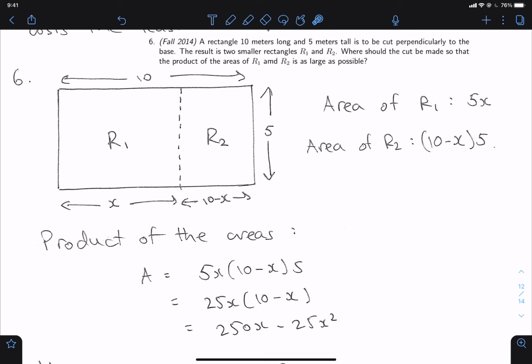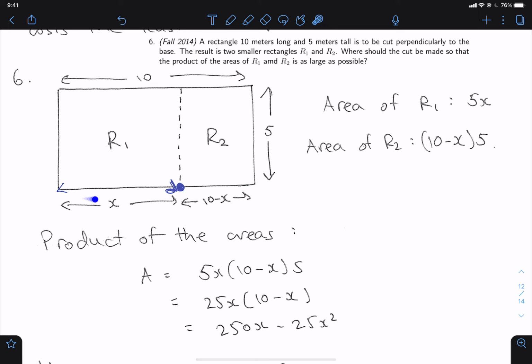So we're going to write out their product first. Firstly, write out the area of each small rectangle. So we're going to locate a cut here. Let's denote, we cut it at this point, which is x meters away from the left end. So the length here is equal to x. Now we know the rest of the length here is 10 minus x because the total length is 10.